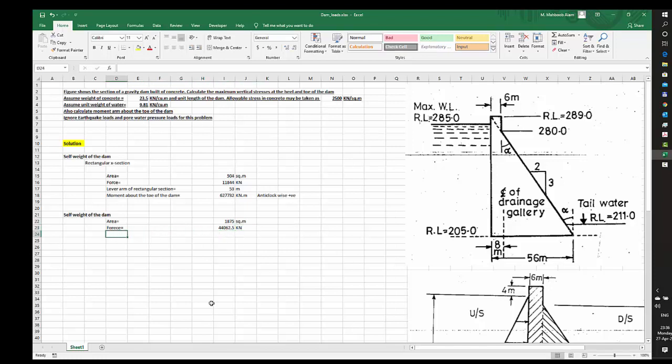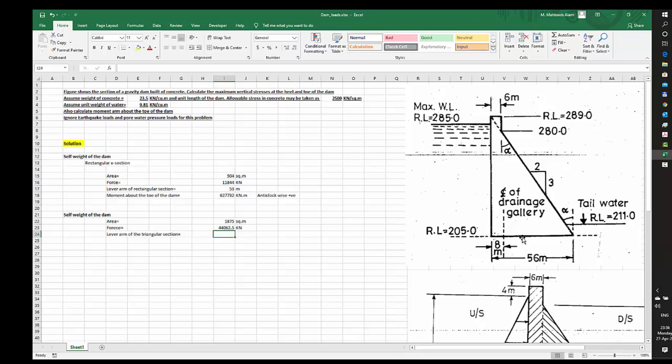Next is to calculate the lever arm of the triangular section. And what should this value be equal to? This is a triangle with a width of 50 meters. We know that the center of gravity, or the forces acting on a triangular section, are 1/3 from the base value.